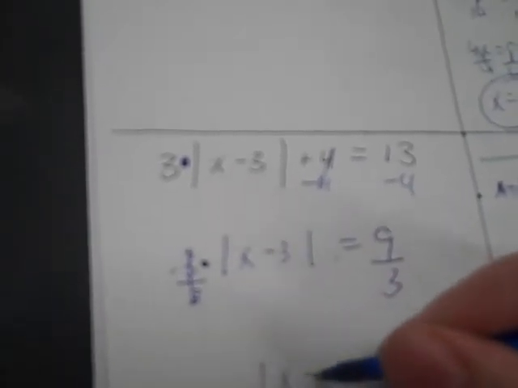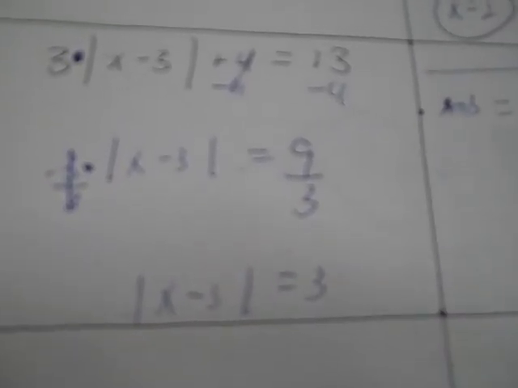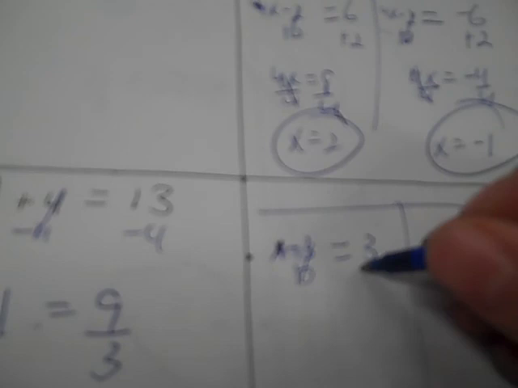The opposite of times is not minus, it's to divide. So that's the absolute value of x minus 3 equals 3. Now that the operations outside are all gone, you have an absolute value that equals 3. Well, you could be at 3 or negative 3. Plus 3, I get 6. Negative 3 plus 3 is actually 0.